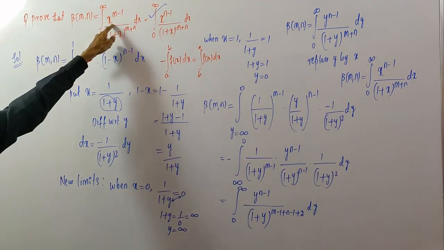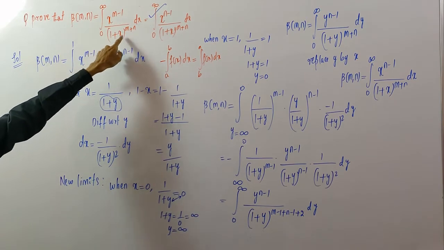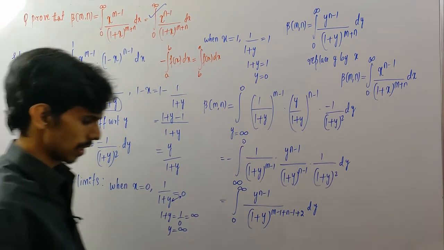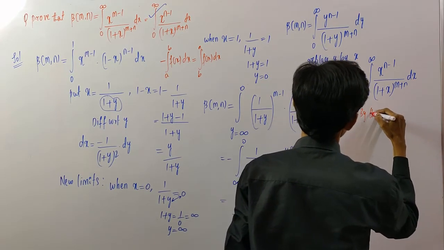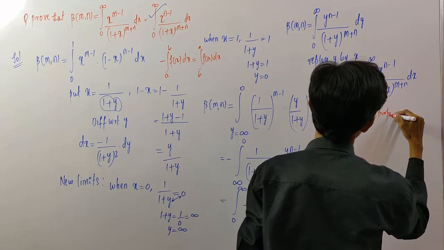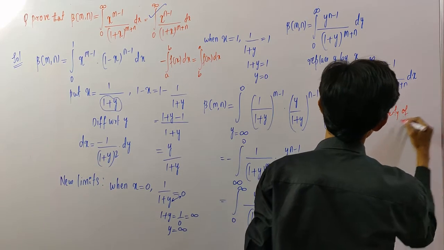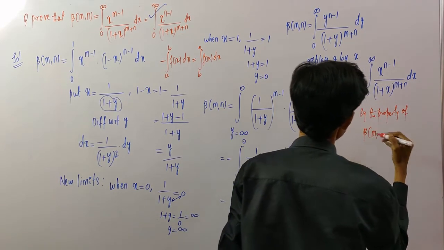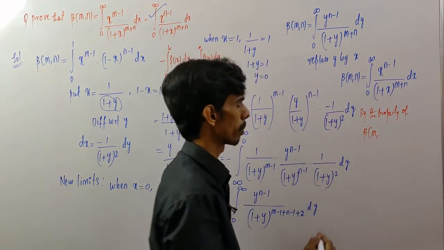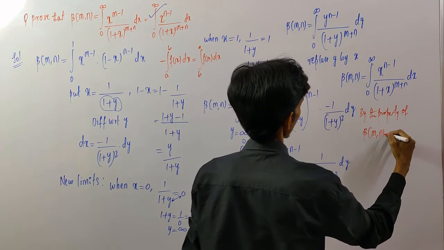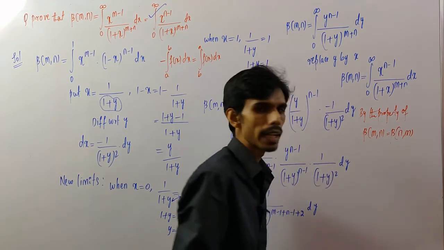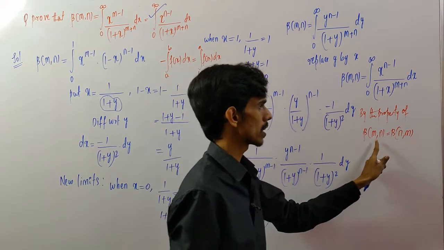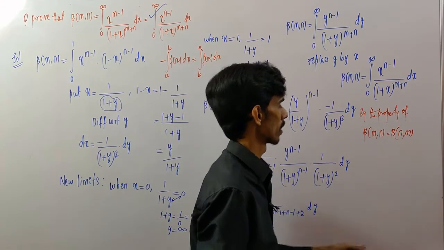Now we want this x power of m minus 1 by 1 plus x whole power of m plus n. By the property of beta function, we have this property that beta m comma n can also be written as beta of n comma m. It means that we can interchange the values of m and n.